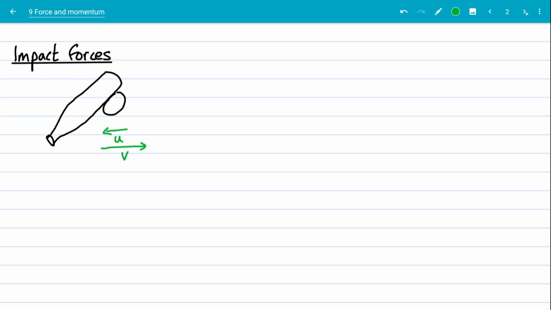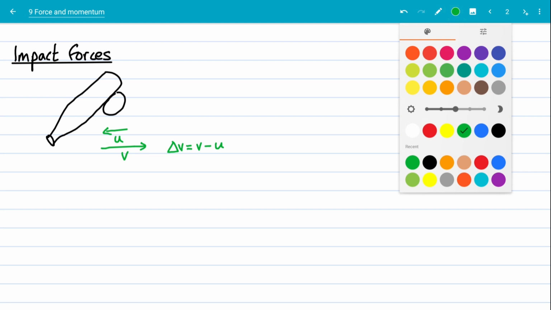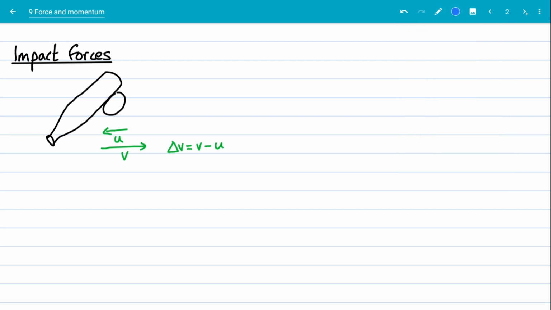The change in velocity is therefore equal to the final velocity minus the initial velocity, and minus means you turn the vector around and add it on. So the change in velocity is going to be equal to, that's my v, and that's my negative u added together. So that is going to be my change in velocity.